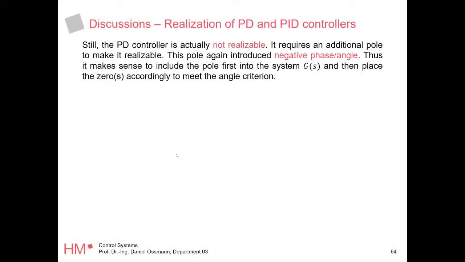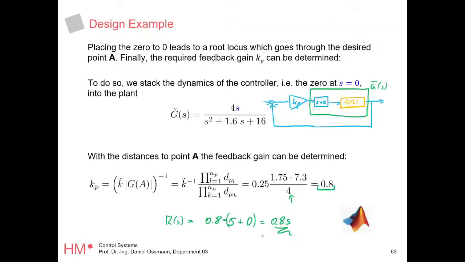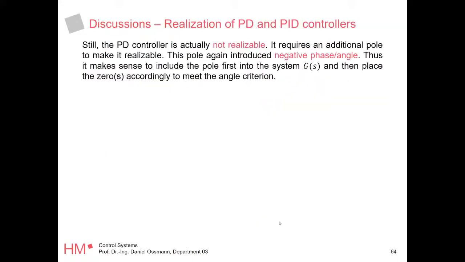Okay. So, yeah, this PID controller is not realizable, right? Because it's not a PD, it's actually a pure D controller, and we figured it requires an additional pole to realize it. It requires this parasitic delay, right?